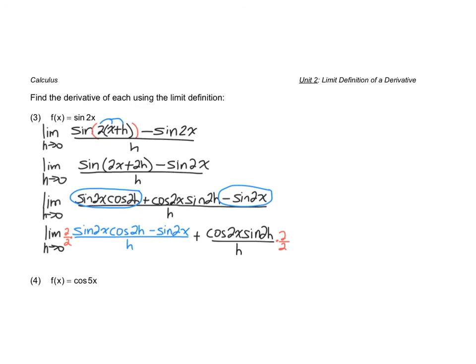All right, so I'm looking at limit as h approaches 0. I'm going to leave it out. And in fact, I'm going to do more than that. I have my GCF here. I'm going to pull that out and group it with the 2. So it's going to be 2 times the sine of 2x, and that'll be cosine 2h minus 1 over 2h.